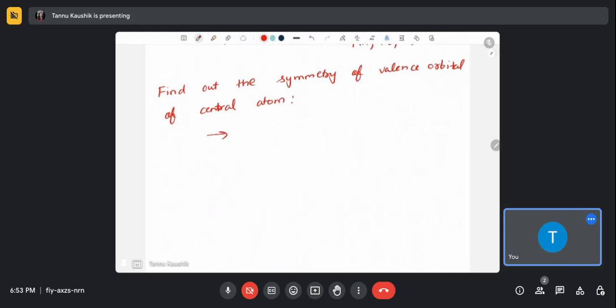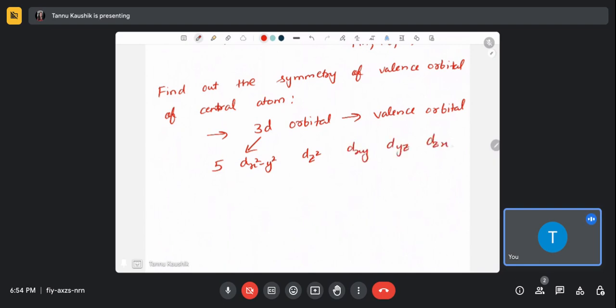A transition metal has its 3d orbitals as valence orbitals, which has 5 degenerate d orbitals: dx2-y2, dz2, dxy, dyz, and dzx.